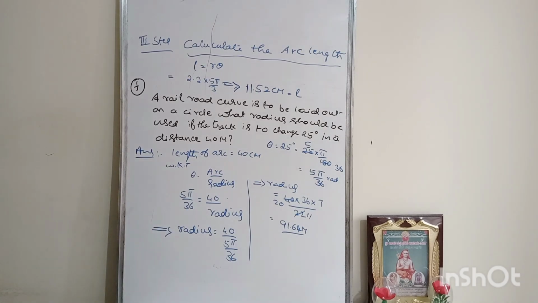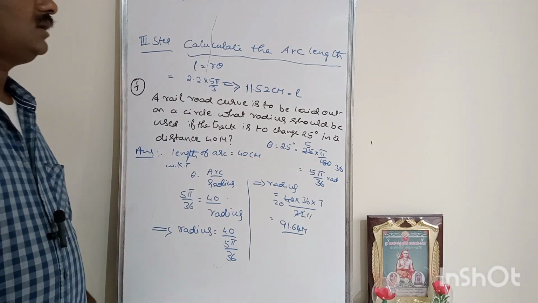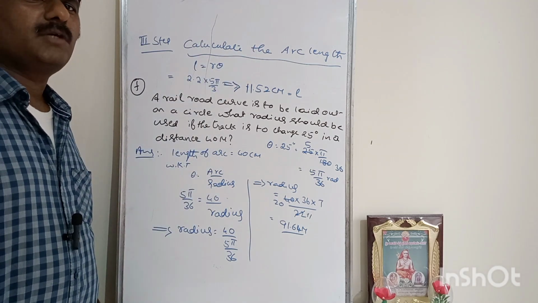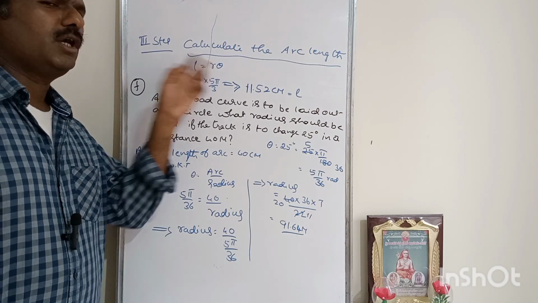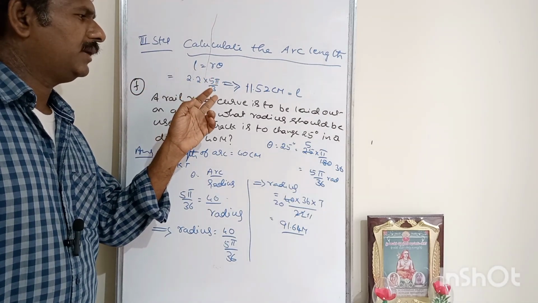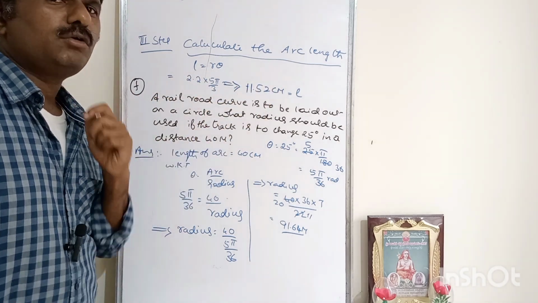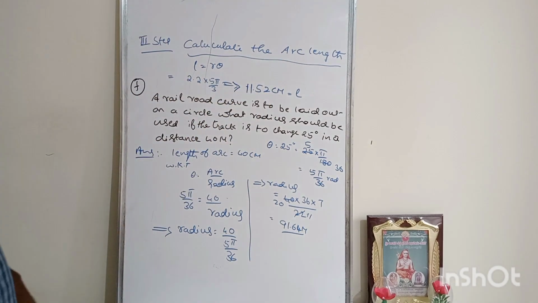In the third step, we have to calculate the length of the arc. We know that the length of the arc is L is equal to r theta, that is 2.2 into 5 pi by 3. On solving, we get 11.52 centimeters.